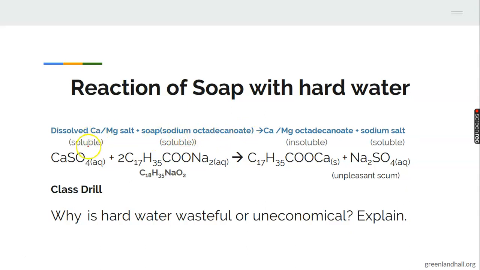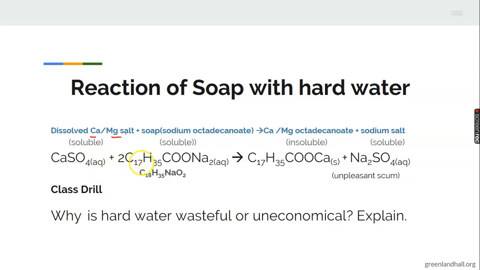This is soluble in water and this is soluble in water, and when it reacts with this soap, that means magnesium or calcium, as the case may be, reacts with the soap to give us calcium or magnesium octadecanoate and also sodium salts. So this is the chemical formula here. We have the calcium sulfate reacting with what?